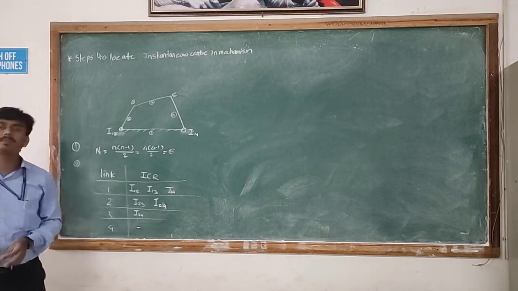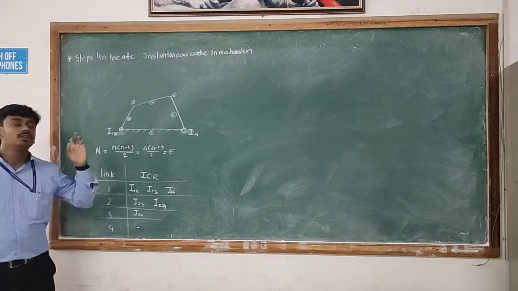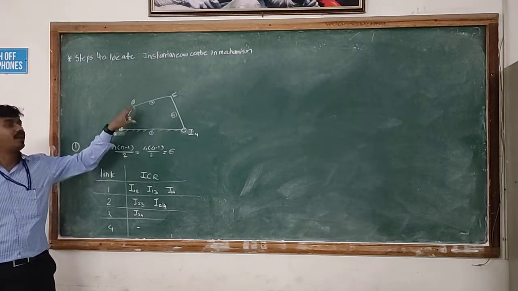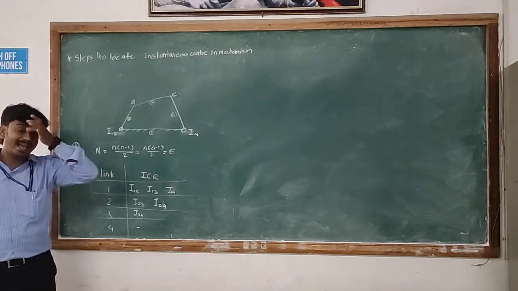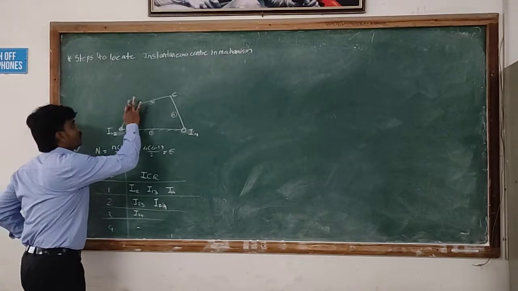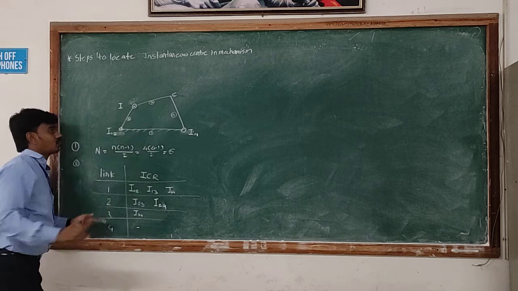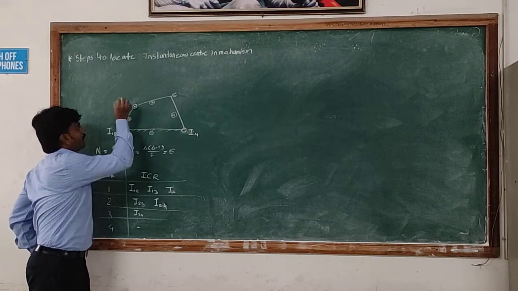Now locate the permanent instantaneous centers. The permanent instantaneous center means this instantaneous center will remain permanent, but as the location of the links changes, its position also changes. So here is one instantaneous center, common between link 2 and 3, so it is I23.